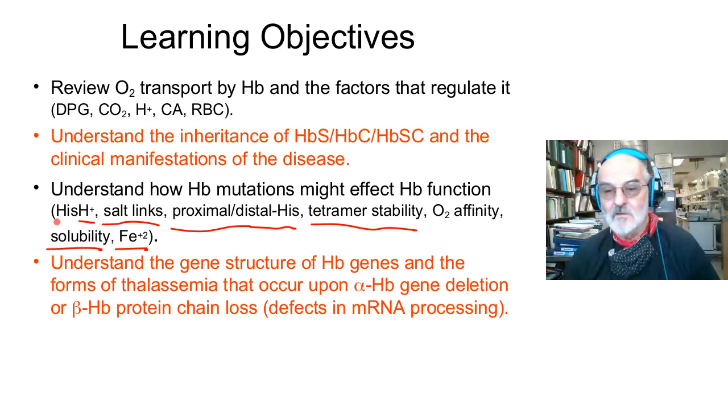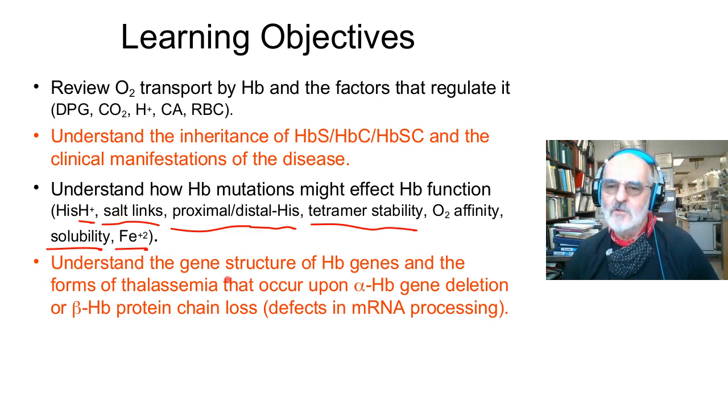That is what we call an insoluble form that distorts the red blood cell structure. But there are other potential mutations that might disrupt structure, disrupt solubility, and therefore disrupt tetramer stability or oxygen transport. We'll discuss a lot of these things in a cursory way as I go through this PowerPoint.